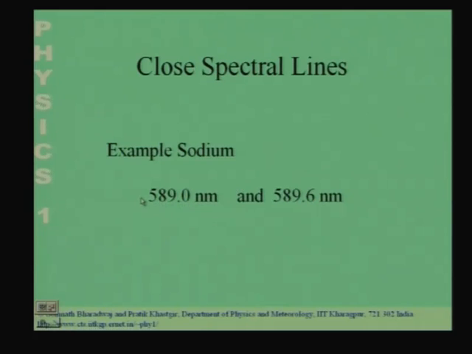These two lines are at 589.0 nanometers and 589.6 nanometers. So, the light which you get from the sodium vapor lamp has two spectral lines which are very close together.